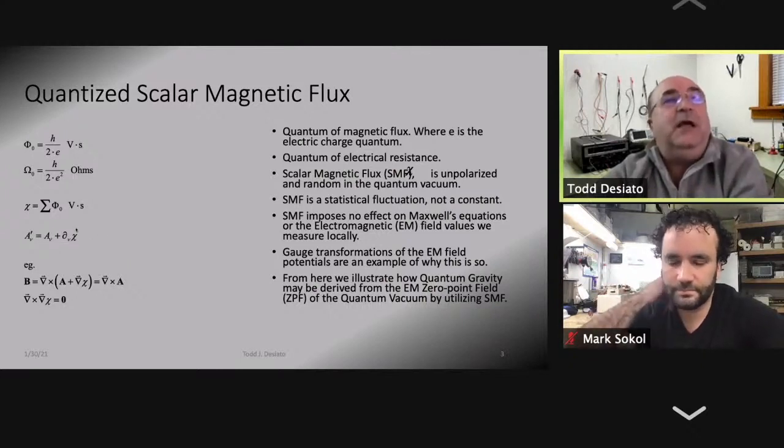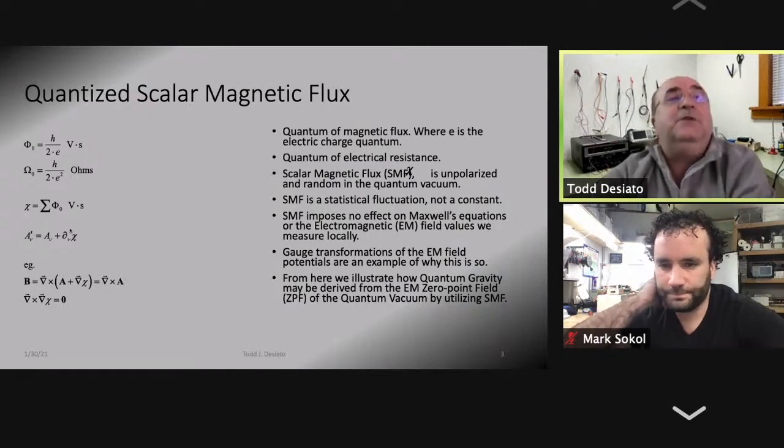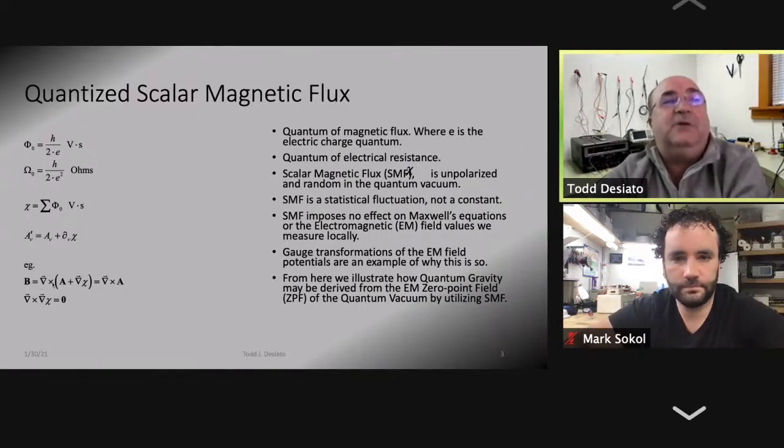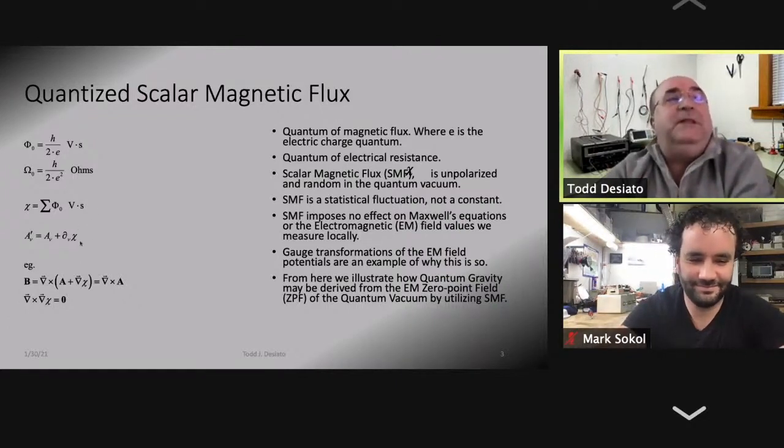And this variable has units of magnetic flux. So when you take the derivatives, you get your electromagnetic gauge potentials, but this scalar field has no effect on electric and magnetic fields, for example, because you take the gradient, curl of the gradient, zero. But this is the seat of the behaviors that I'm about to discuss.